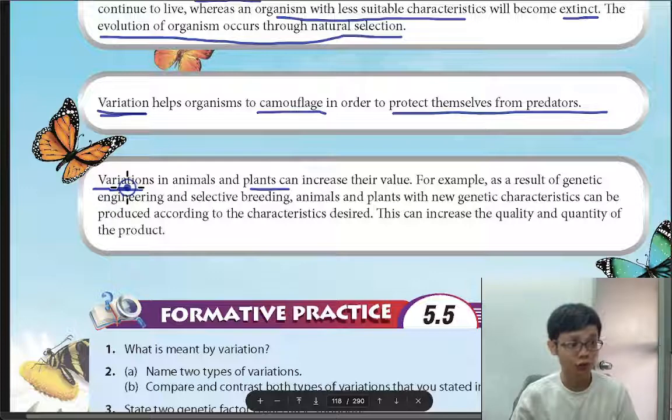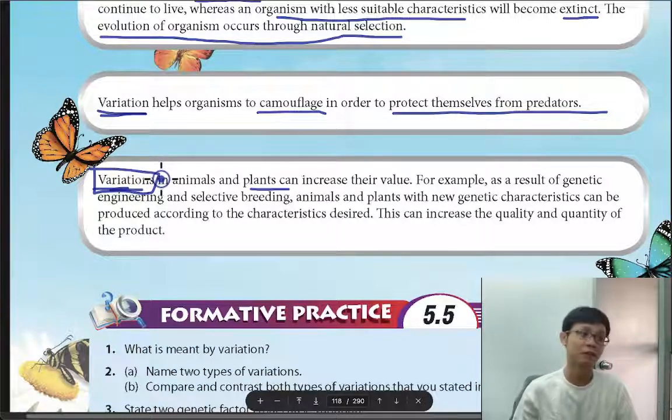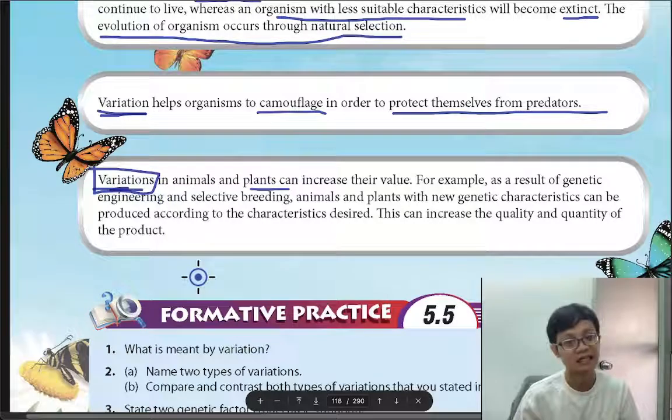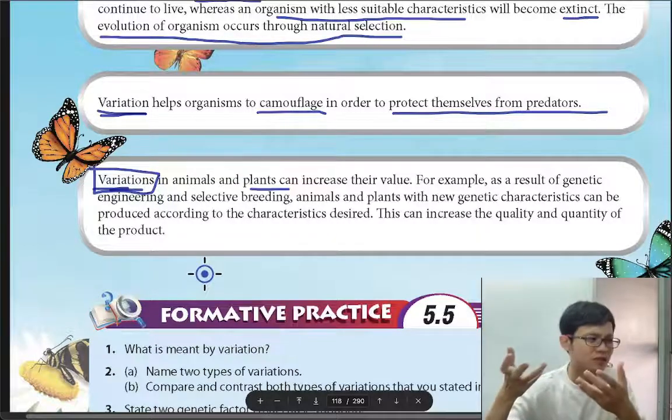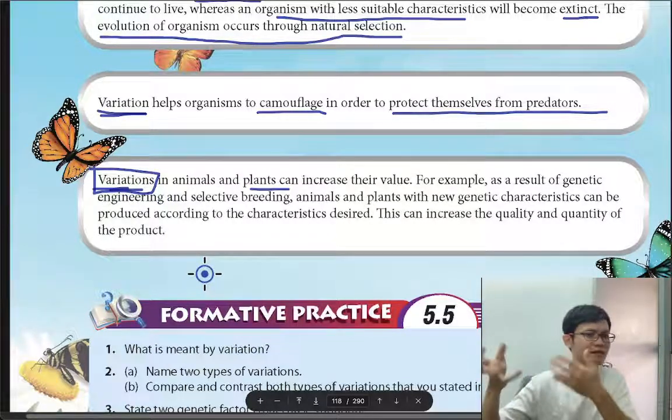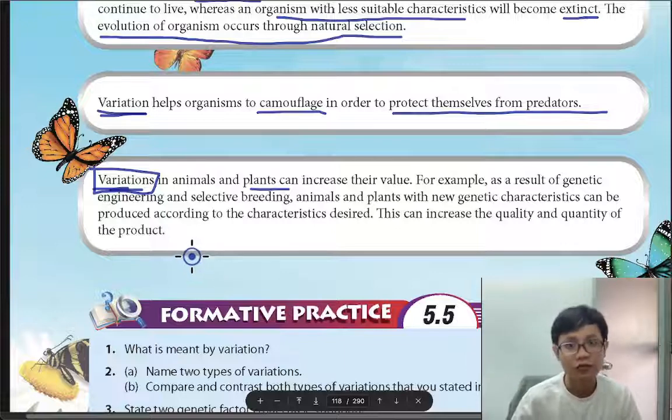You want to make a good durian tree, you want to study your science, you want to study your bio properly, so you can know how to do the variation, maybe by crossbreeding or maybe some genetically modified product. So you want to make a good durian so that you can increase the value and get the money.